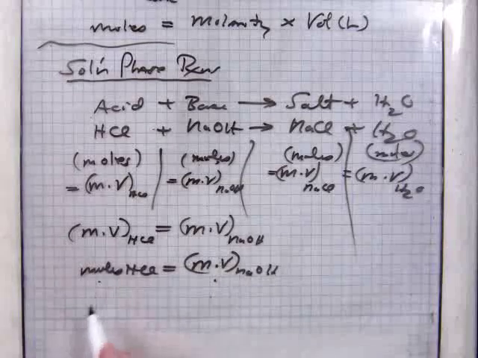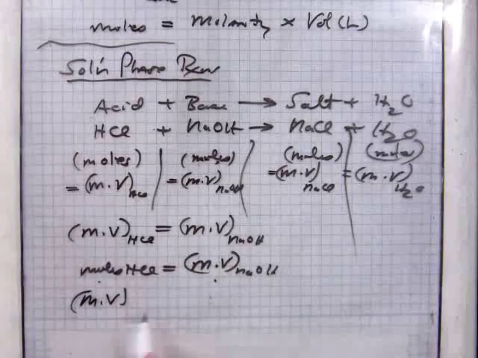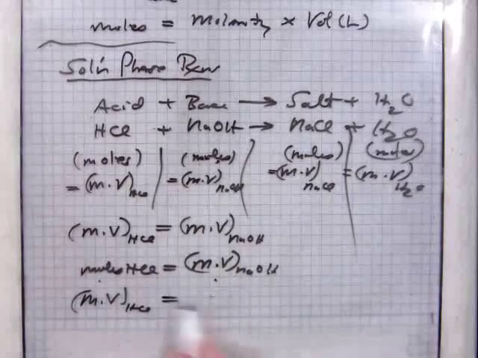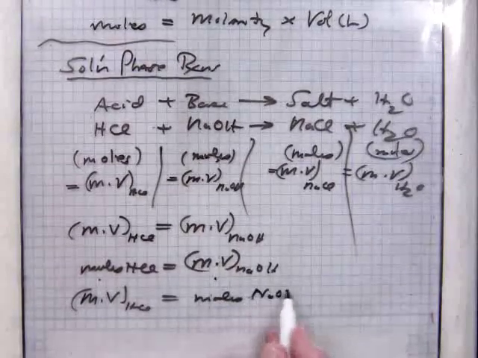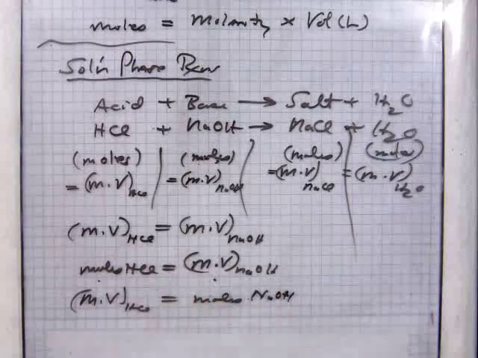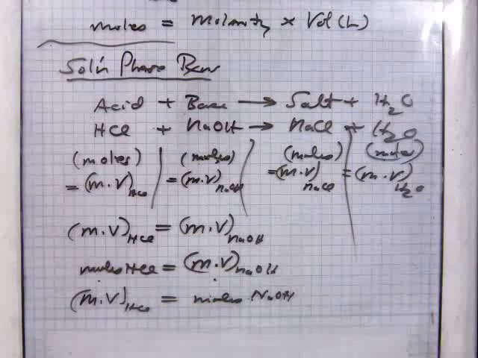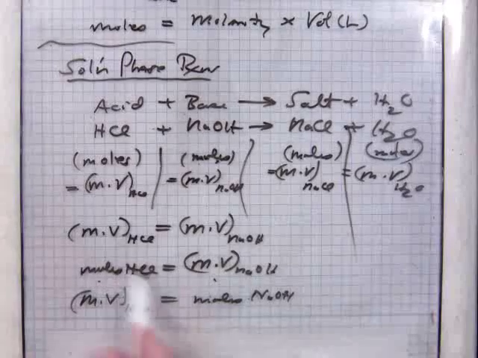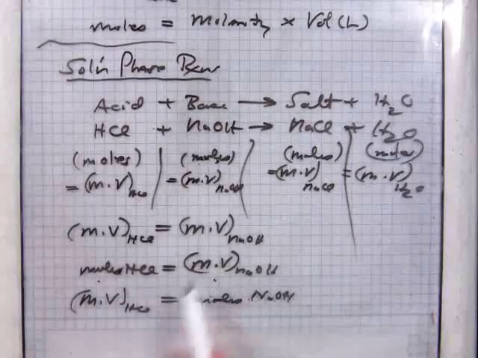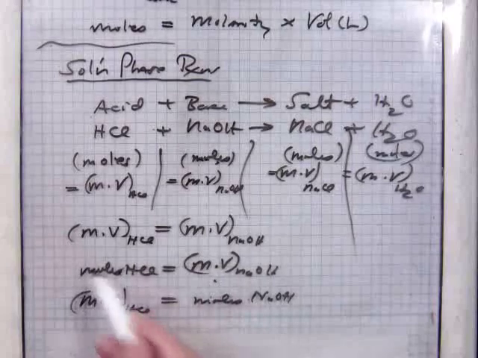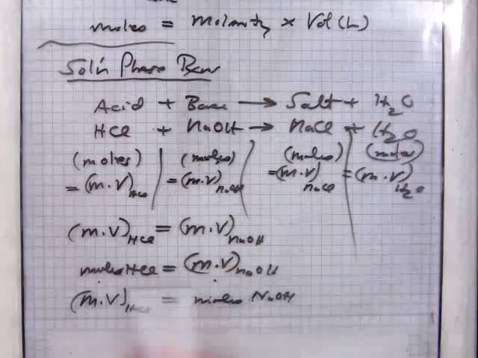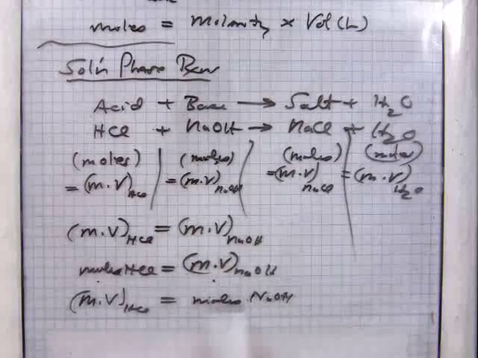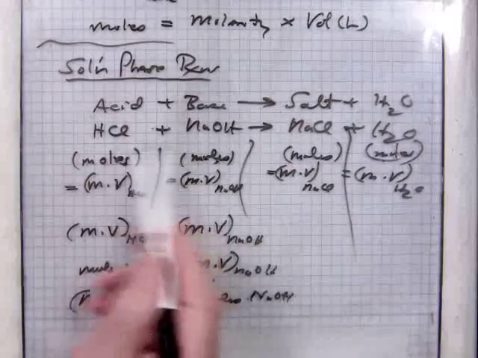Or you can have molarity times volume of the HCl acid equal to moles of base. So you see how those are all interrelated in there, depending on what kind of data you have. If you're given grams and part of the problem is in grams and part of it's in solution data, well, you need to set up something in this relationship. But it relates to the equation.